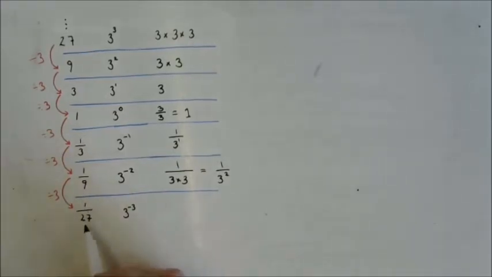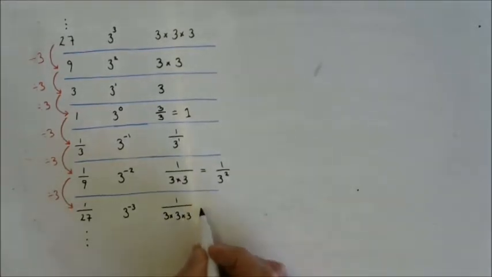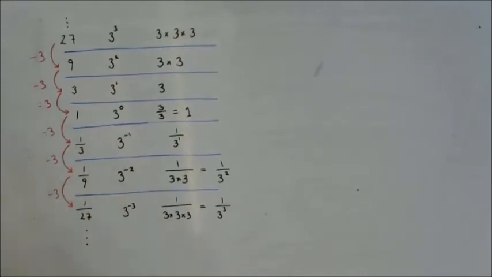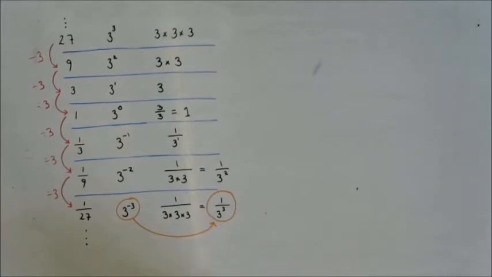How could we express 1 over 27 using factors of 3 in the denominator? Well, 27 has 3 factors of 3. So hopefully you can start to see the relationship between my power with a negative exponent being expressed as a power with a positive exponent.